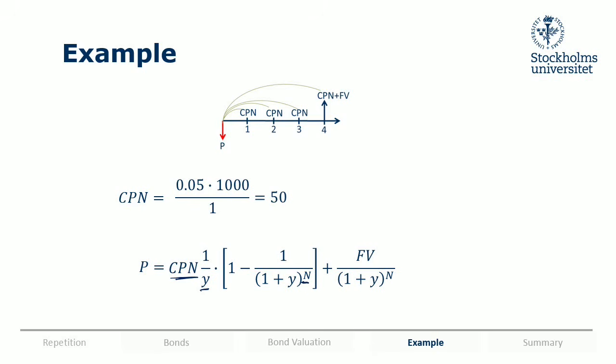In this example, it's 4 cash flows. And last, we take the face value, which is a single cash flow, and since it's a single cash flow, we just divide it by 1 plus the interest rate, or here the yield to maturity, raised to the power of 4 in this case, since it's 4 years.